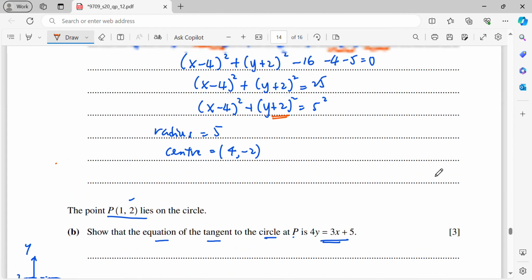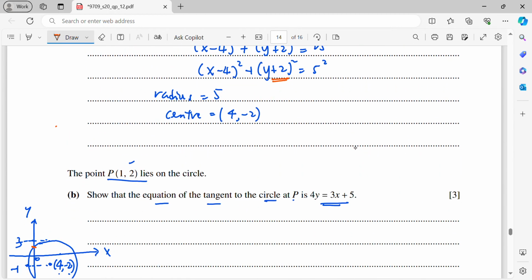now let's check. At the circle, (x minus 4) squared plus (y plus 2) squared equals 5 squared. So I need to find out when x is 0, what is the y value, because I need to find out where is my point on the y-axis. So x is 0, that means I will get 16 plus (y plus 2) squared equals 25.